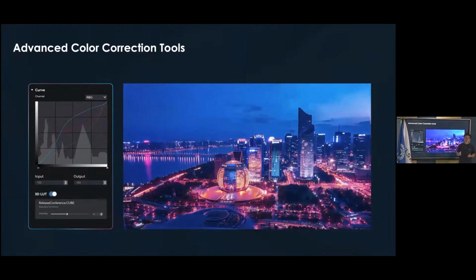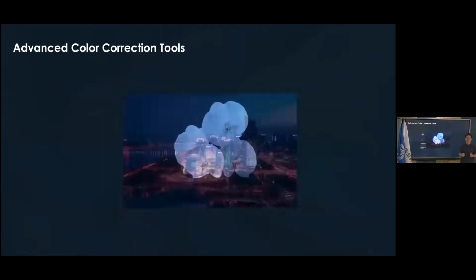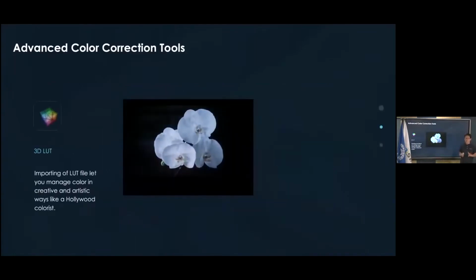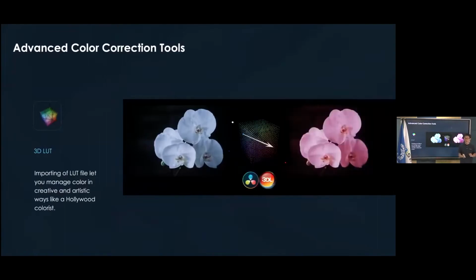The color effect will be quickly corrected to the ideal level as the designers want. And we also provided some more professional color correction tools, the 3D LUTs. The 3D LUTs allow users to do color remapping in a three-dimensional color space, which also helps users get a more precise color effect output on their LED screen.